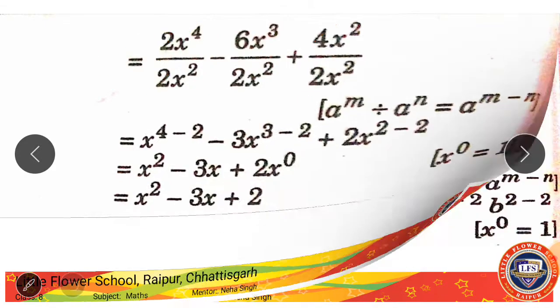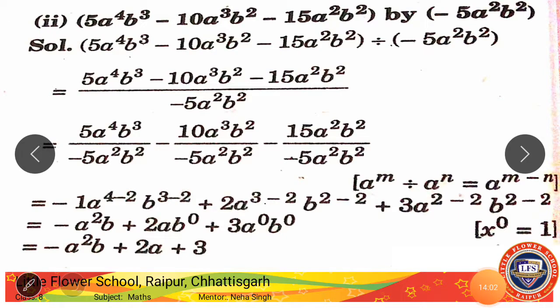Okay. So now coming to the second question. In this also you can solve by both the methods I have taught. In the first method, I am explaining it here. In the second method you can take 5 common from 5, 10, 15, then the smallest power of a and smallest power of b, and cancel it from the denominator, right?